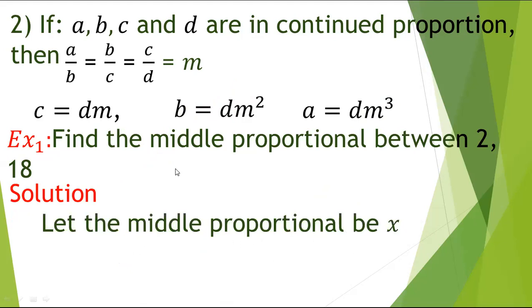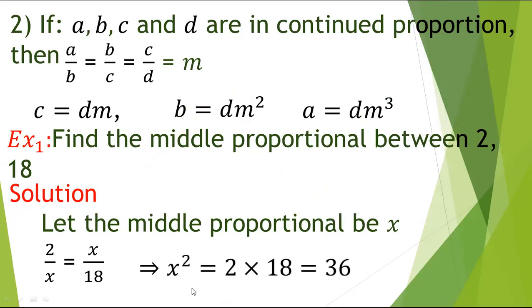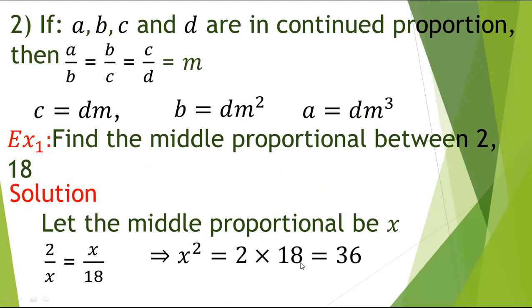Then 2, x, and 18 are in continued proportion. Then 2 over x equals x over 18. By cross multiplication, x power 2 equals 2 times 18 equals 36. Then x equals positive or negative 6.